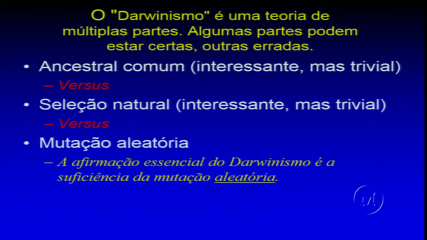The critical claim of Darwinism is the sufficiency of random mutation, and that's where it is by far the weakest. And that is where intelligent design disagrees with Darwin's theory. The other ones are interesting to be debated in their own right, but the critical part is random mutation.